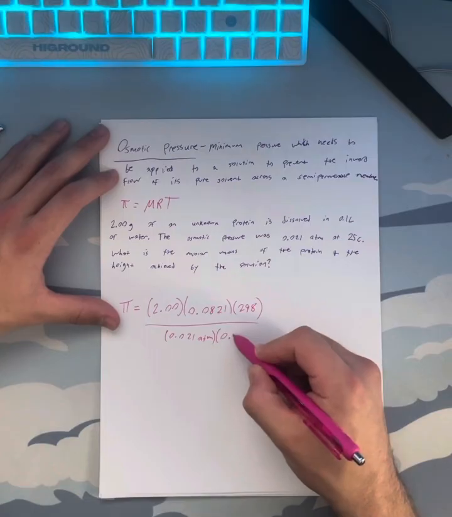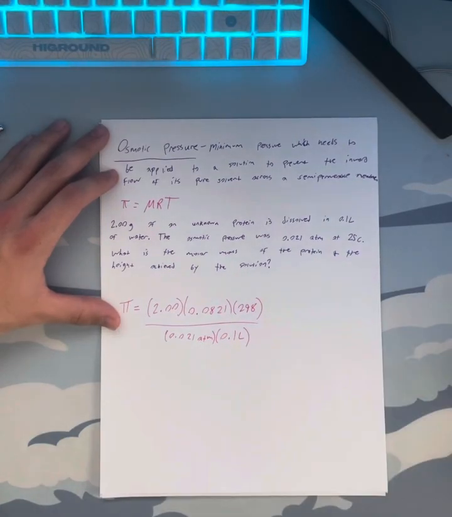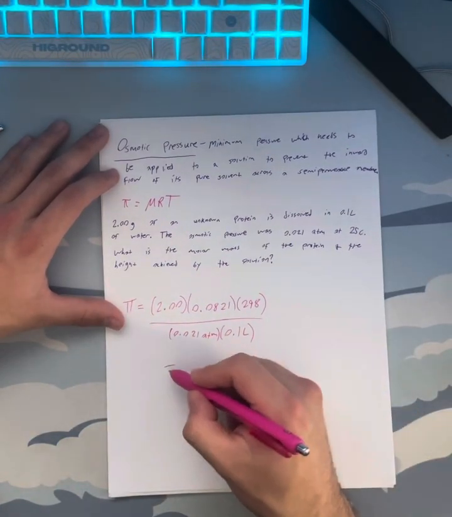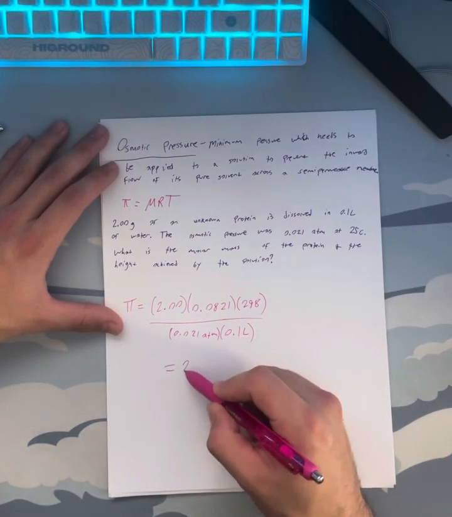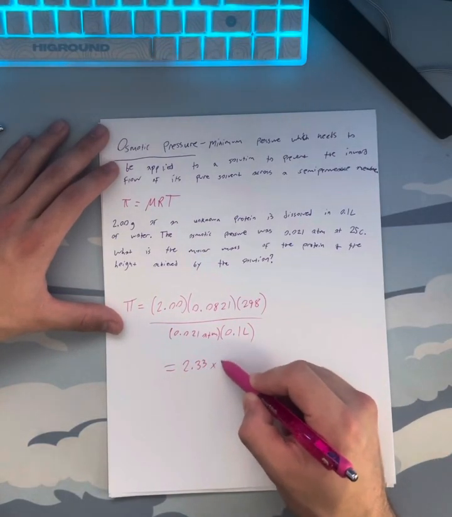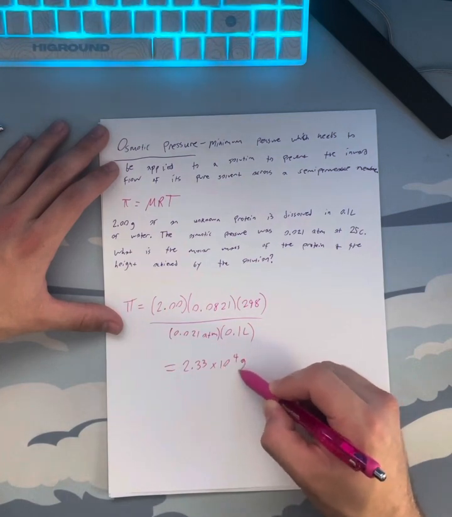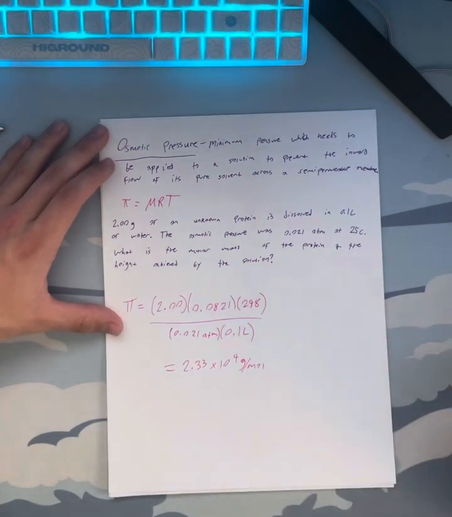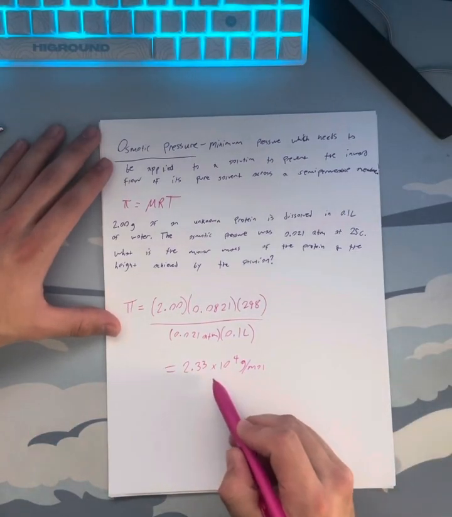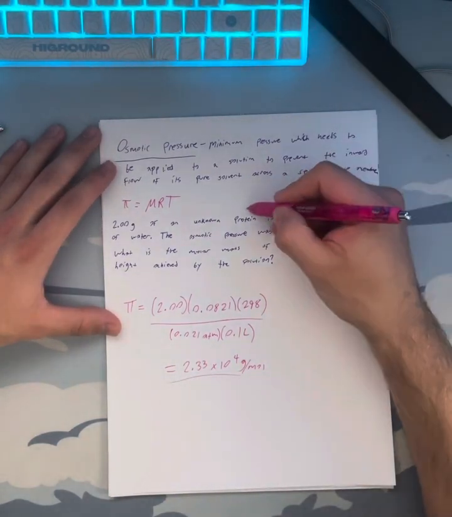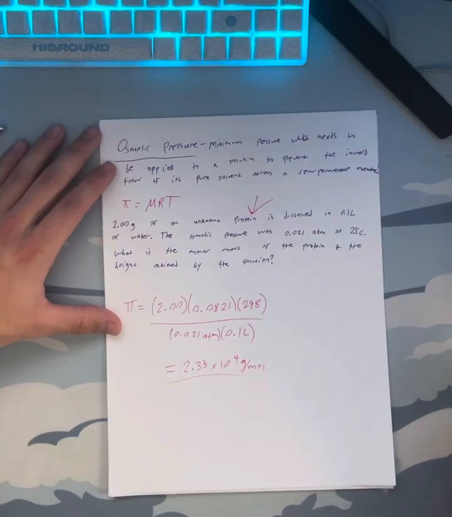We'll assume that it is still 0.1 liters. From all of this, you will get 2.33 times 10 to the 4th grams per mole. So this will be the final answer. This gives us the molar mass of our protein.